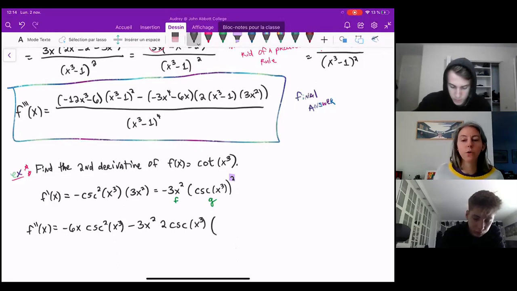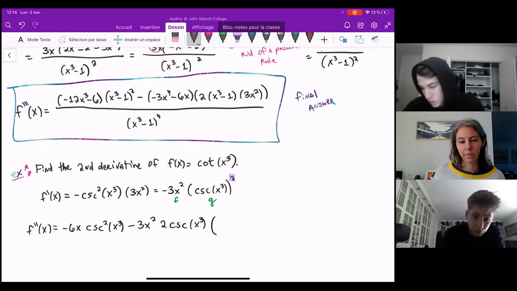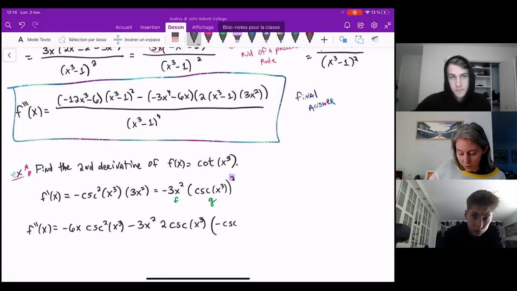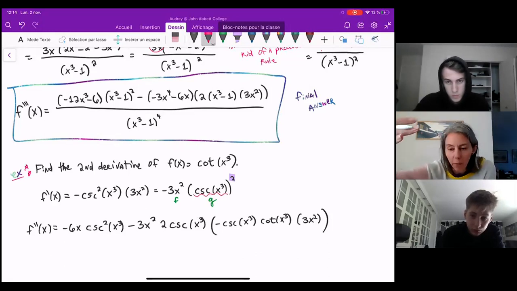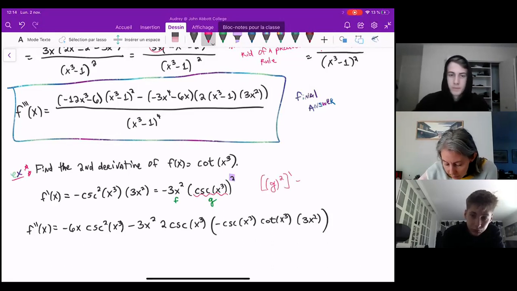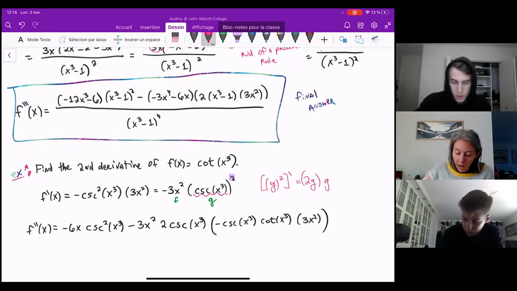What's the derivative of cosecant? Minus cosecant times cotangent. So it's minus cosecant of x cubed times cotangent of x cubed times 3x squared. So that was like a double embedded chain rule. Here what I had was cosecant of x cubed to the power of 2. So it's kind of like I had a g squared. So I have 2g. That's my 2 times cosecant of x cubed times g prime.